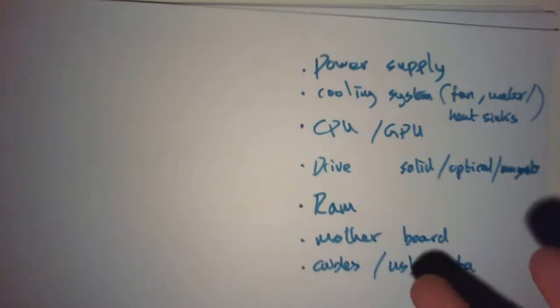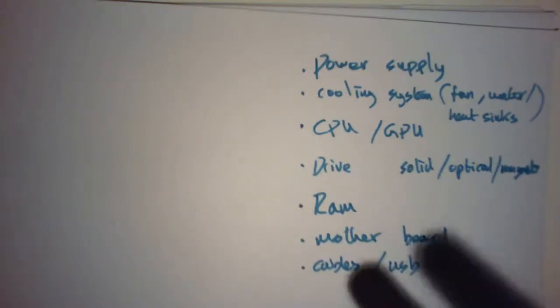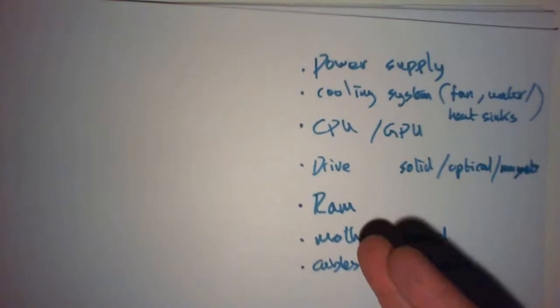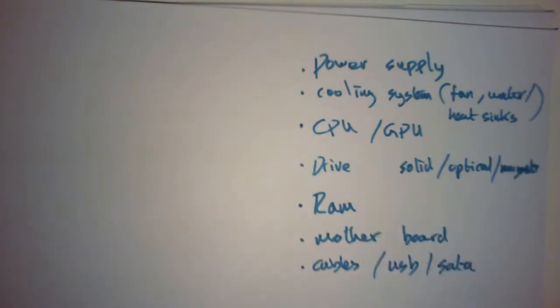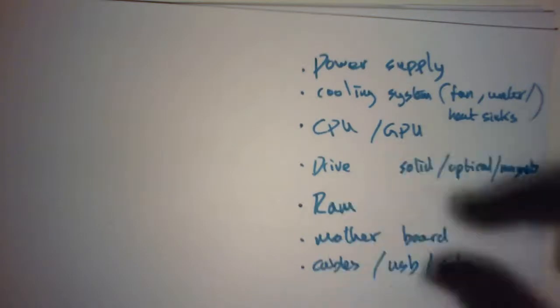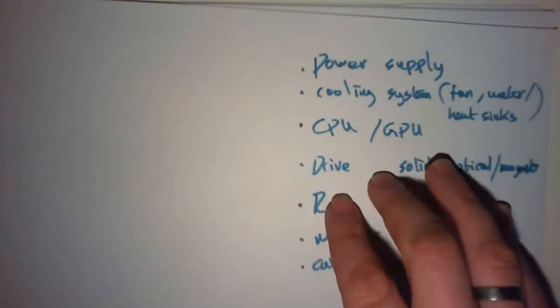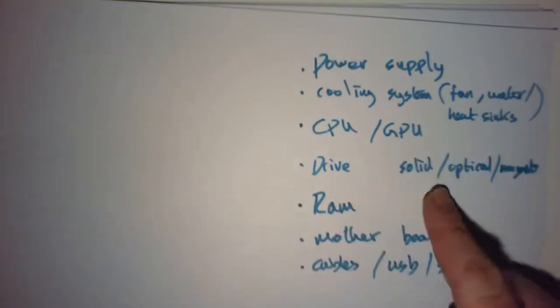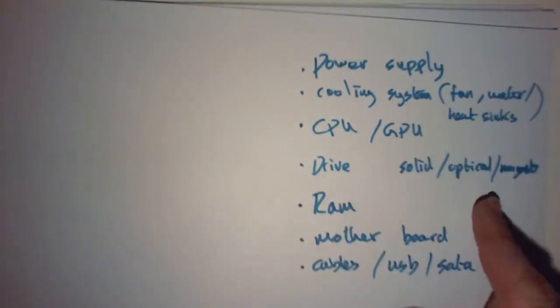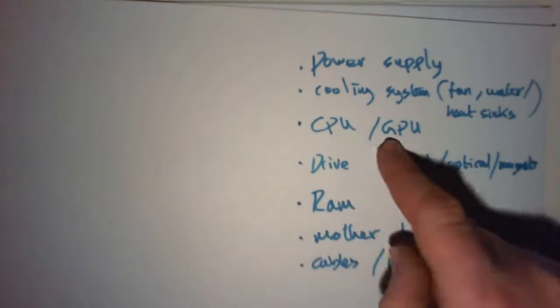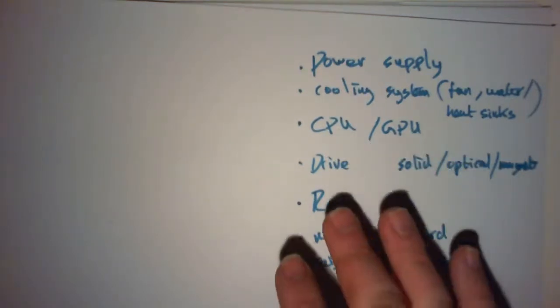When you're dealing with a laptop, it really depends on the spec. Okay. With a laptop, because you're dealing with a smaller enclosed space, a lot of this stuff comes pre-soldered on and you can't get it out. The exception would be usually the drives and possibly the CPU, GPU, and the RAM.